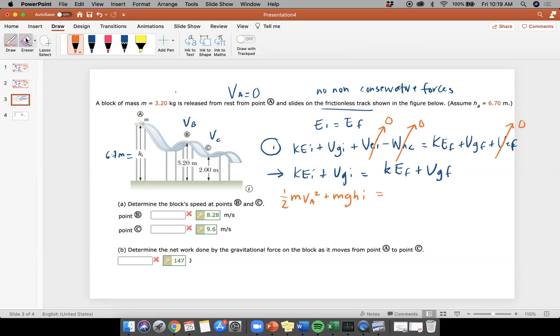Okay, let me re-explain this. Possibly this is not very intuitive. Based on the conservation of energy, your EI should be equal to EF, which means that the energy is conserved throughout when the mass glides over this track.